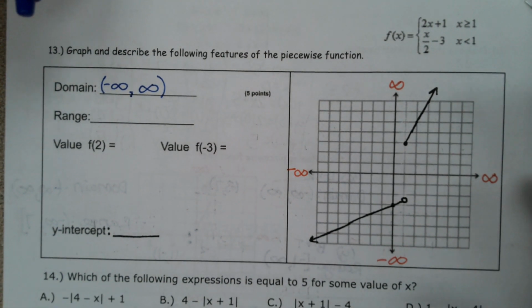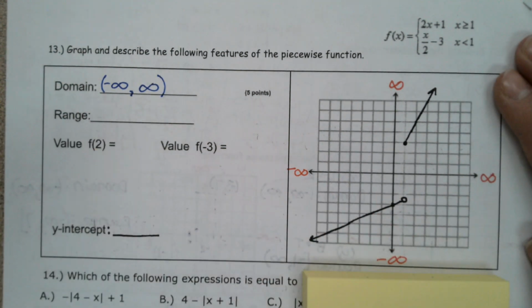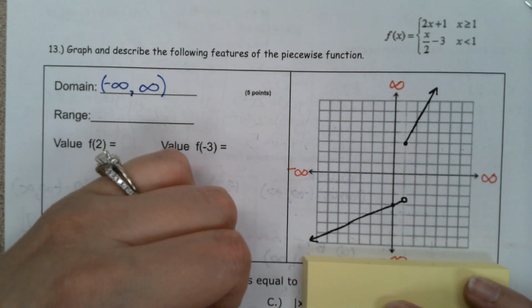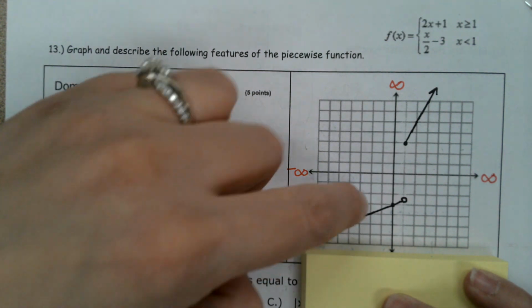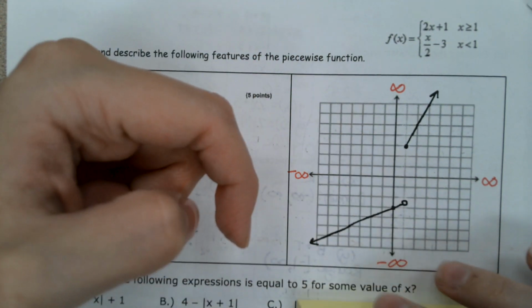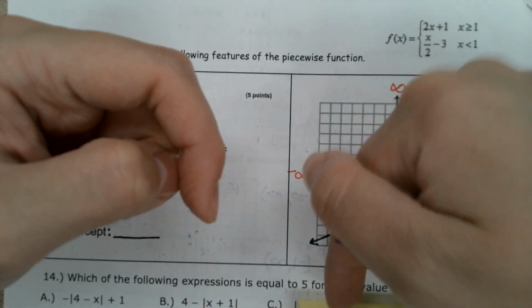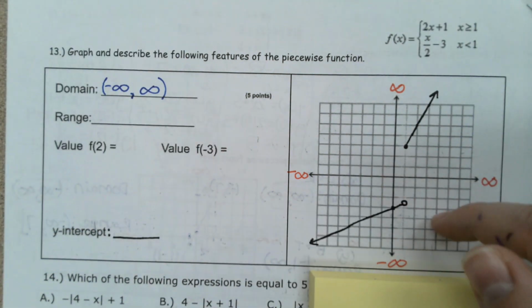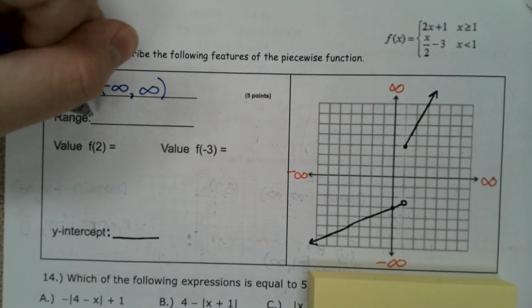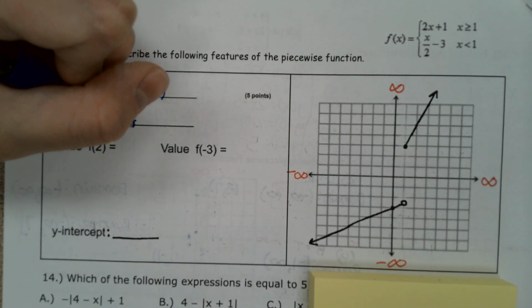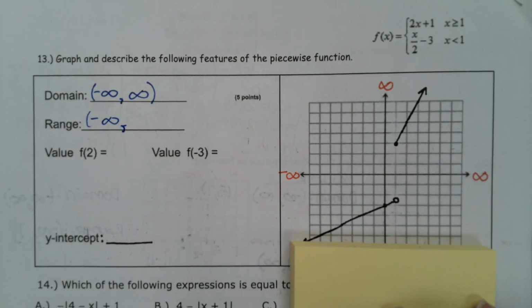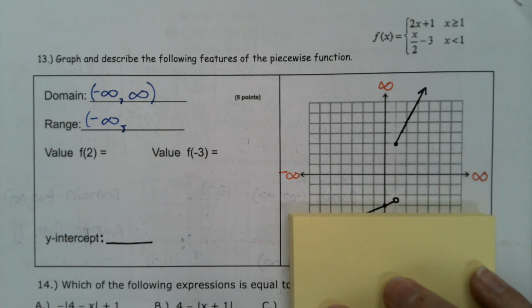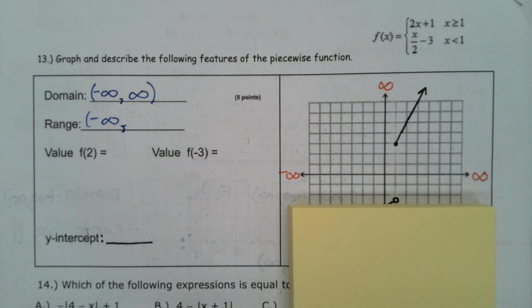Range, we look at the y's, bottom to top. Starting at the bottom, as I go up, I hit an arrow that is heading downward. It's going to move this way, so it's heading towards negative infinity. So that's going to be my start for my range, is negative infinity. I'm going to move up, up, up on the y-axis. Here's an issue.